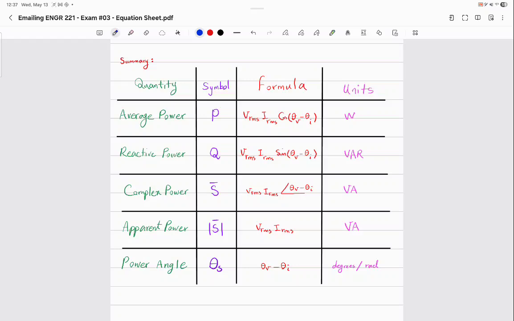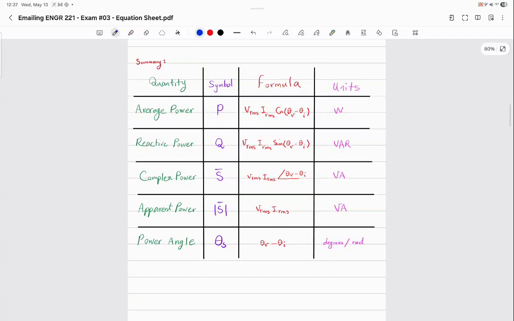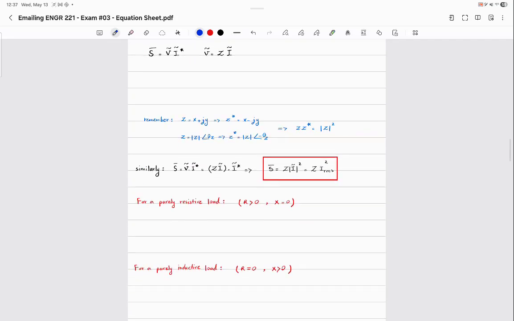You have all of these equations on your formula sheet, so you don't have to worry about memorizing them. But as we will see in solving an example, it is very important to know where to use which one, okay? So we're going to practice that. You can refer to this summary later.